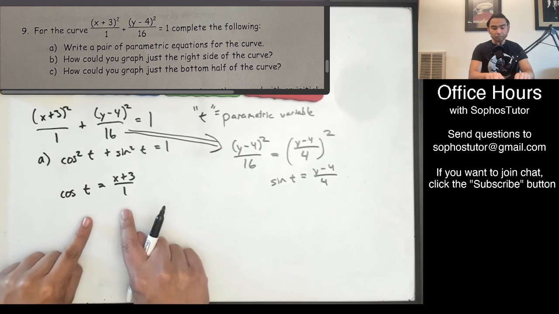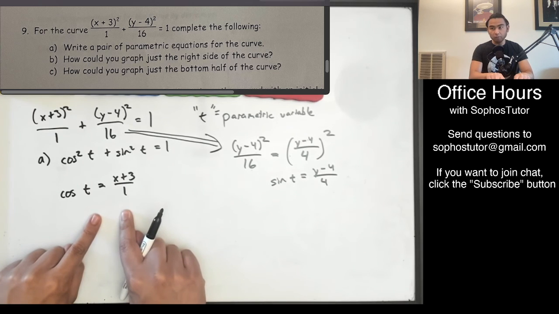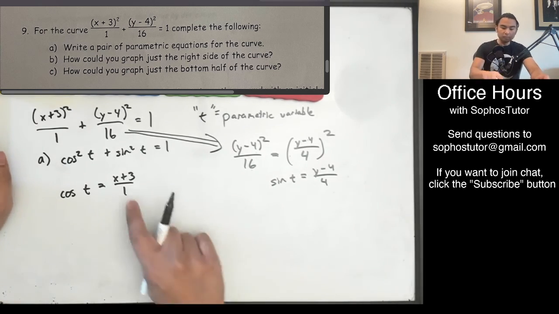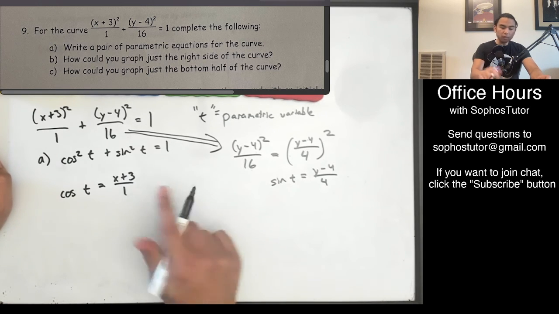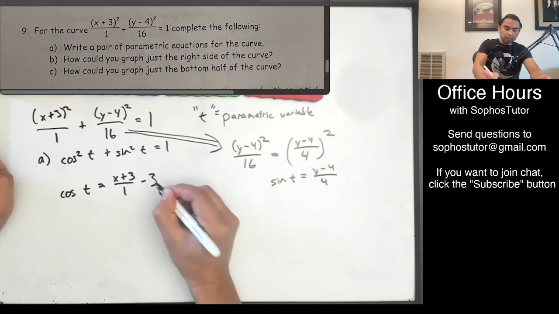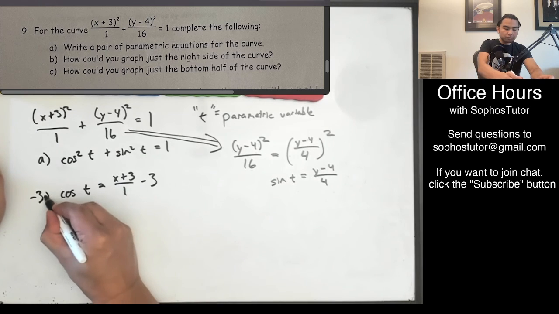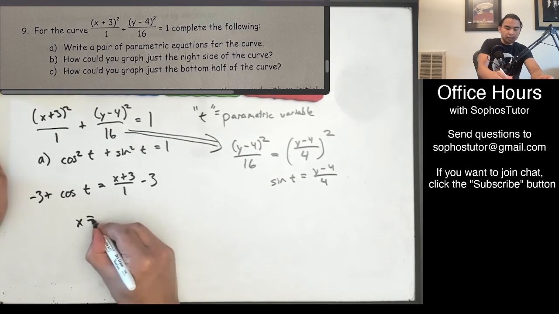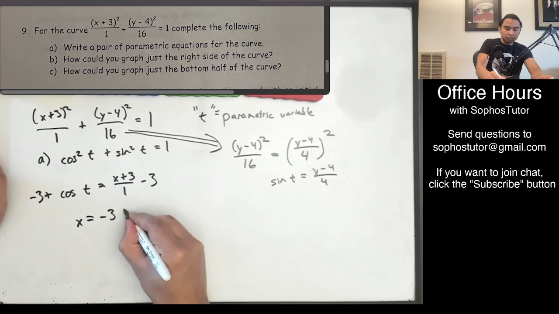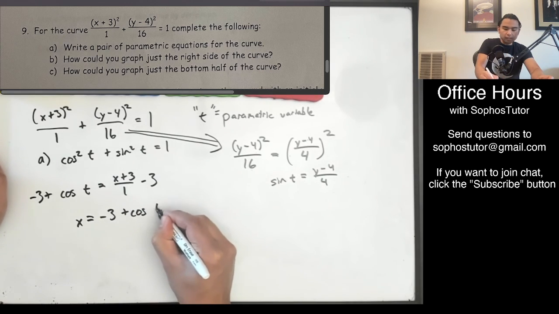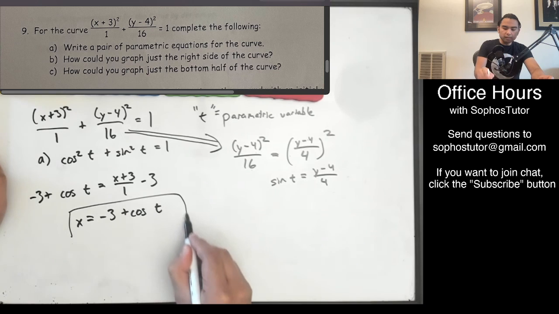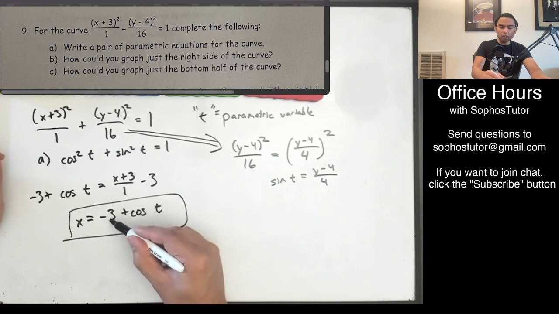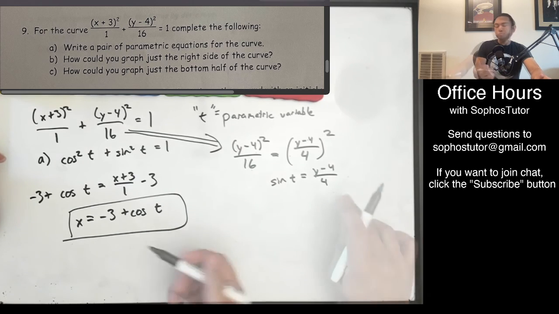And so to get the pair of parametric equations, we simply isolate the x and isolate the y. So this one is sort of taken care of already. All I need to do on both sides is to subtract by 3. And so we end up getting x is equal to negative 3 plus the cosine of t. I'm just going to write it this way, just so that we don't confuse the t and we're not subtracting 3 from t.